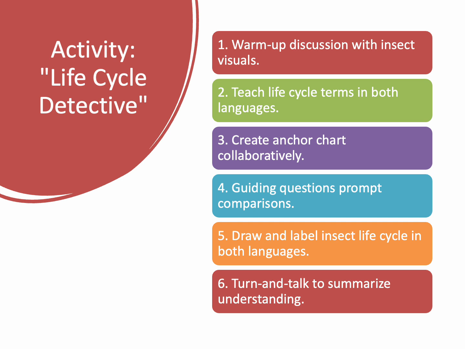Or what do you notice about the ending? Then they apply what they have learned by drawing the life cycle of an insect and labeling it in both languages. And finally, students do a turn and talk where they explain one stage of the life cycle using a sentence in English and then in Spanish.